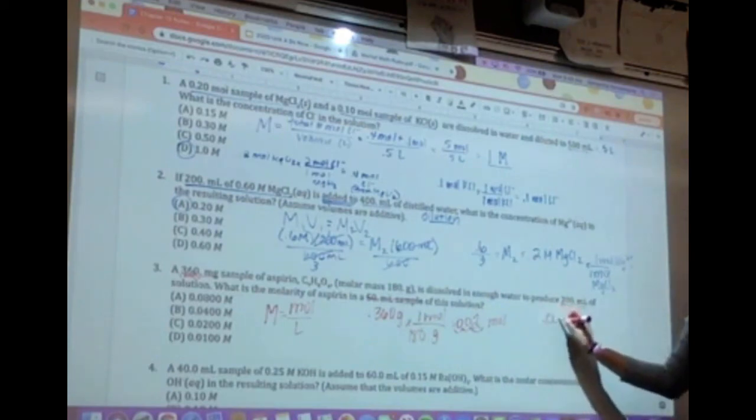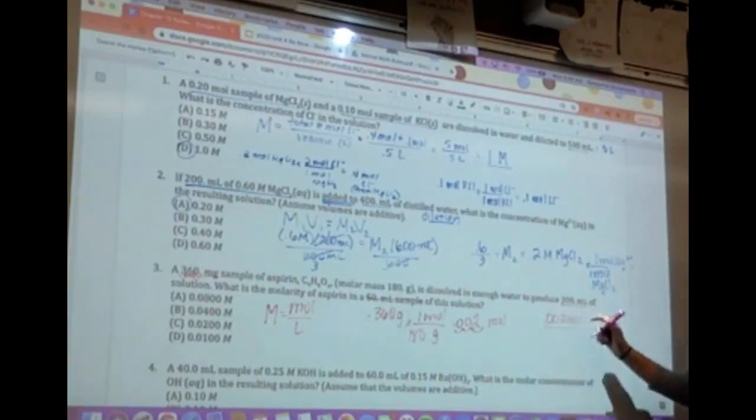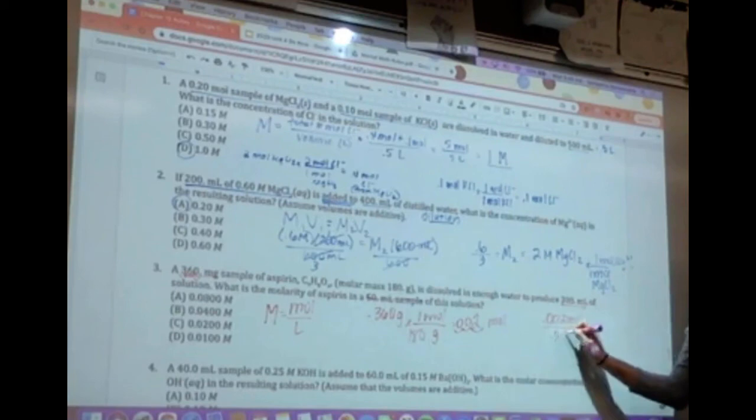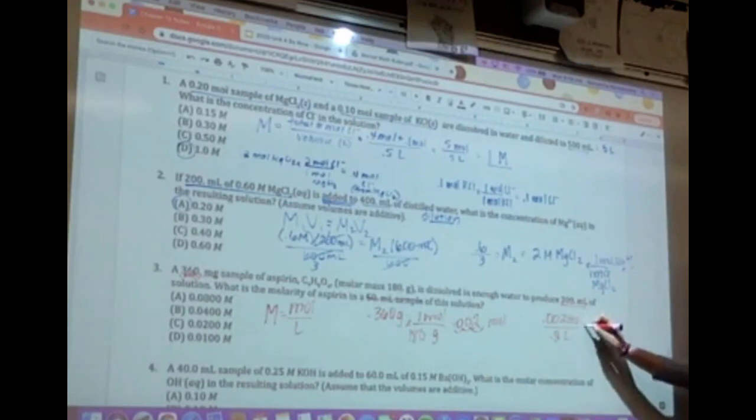So 0.002 moles of aspirin, 200 milliliters is 0.2 liters. Now here's where I want to show you how putting things in scientific notation can be useful. Just reviewing scientific notation.